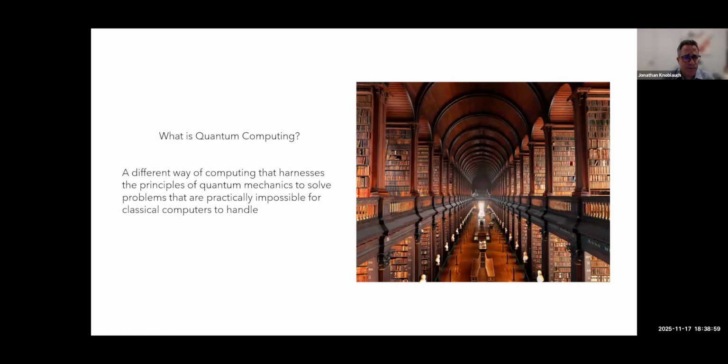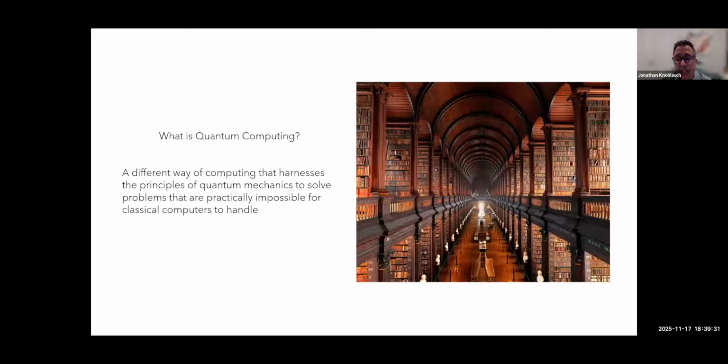So what is quantum computing? It's basically a different way of doing computing that harnesses the principles of quantum mechanics to solve problems that are practically impossible for classical computers to handle. If you imagine searching for a lost book in a giant library, to use that analogy, a classical computer is like a very organized librarian who checks every shelf, one book at a time, until the book is found.